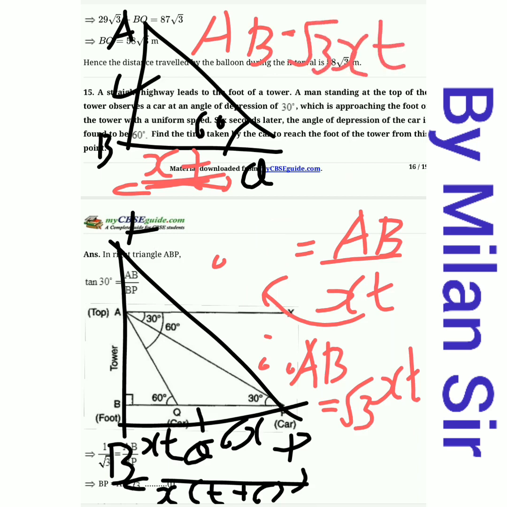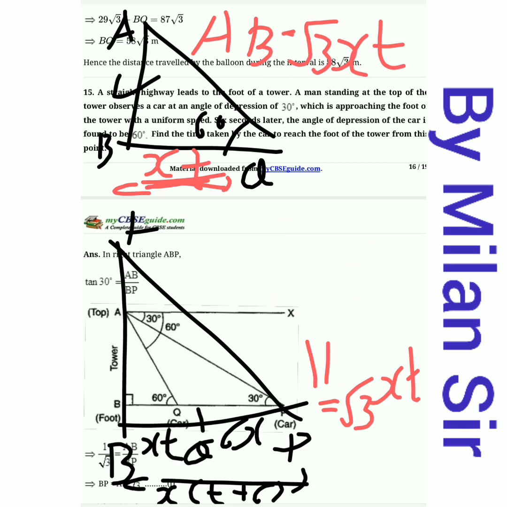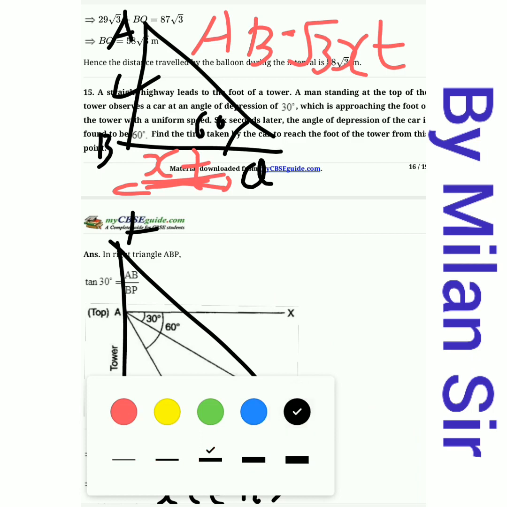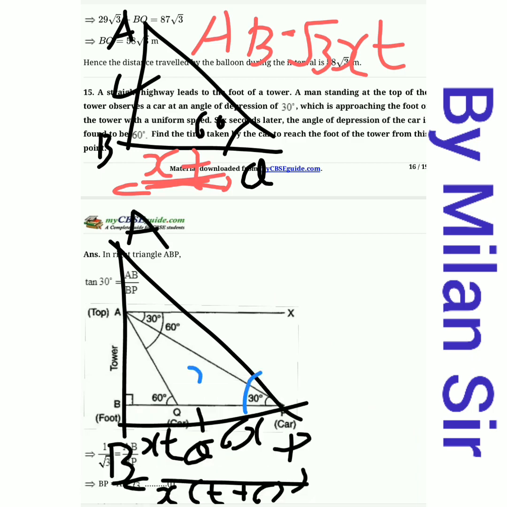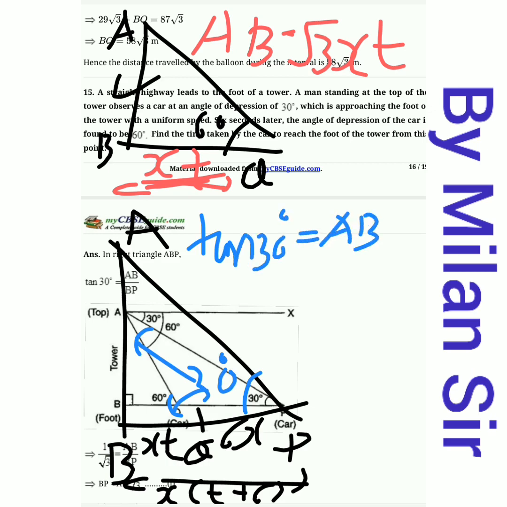Now use the second triangle. In the second triangle this angle is 30 degree. Again opposite side AB, adjacent side PB. So tan 30 degree is opposite side AB upon adjacent side BP.